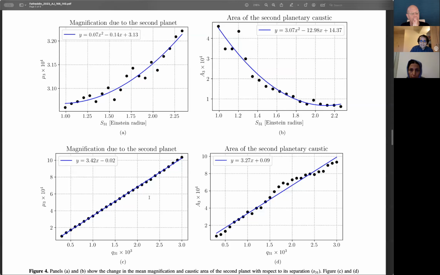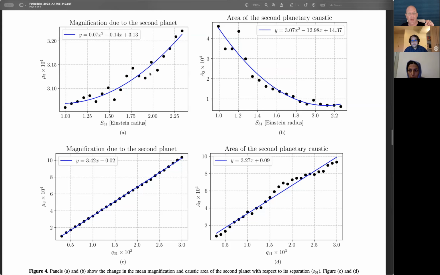So plot A in this figure shows as the third lens object goes further away, the magnification increases, which is what we potentially saw earlier. Makes sense. And plot B shows its area, which decreases as we go further.